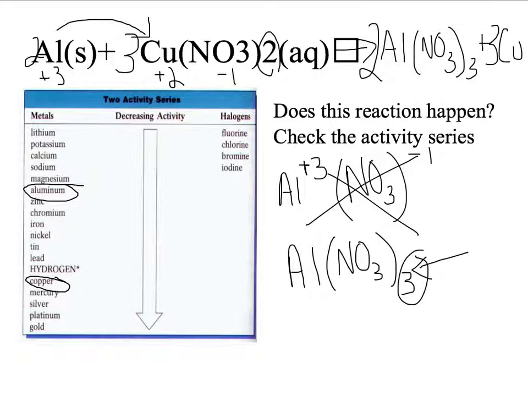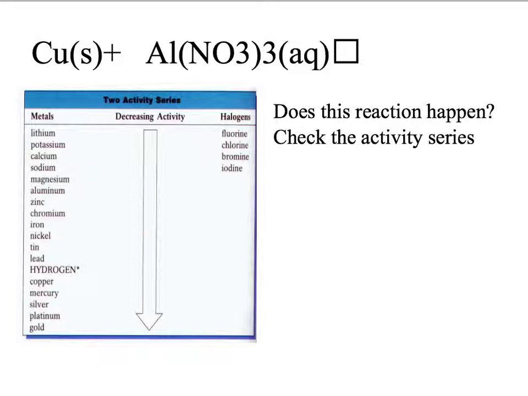Let's do another one. Now it looks very similar except it's backwards. Now it's copper plus aluminum nitrate. Well, copper would replace the other metal, okay? Copper is usually about +2, aluminum's +3, nitrate's still -1. Will that happen? So we have to go to the activity series and find copper.